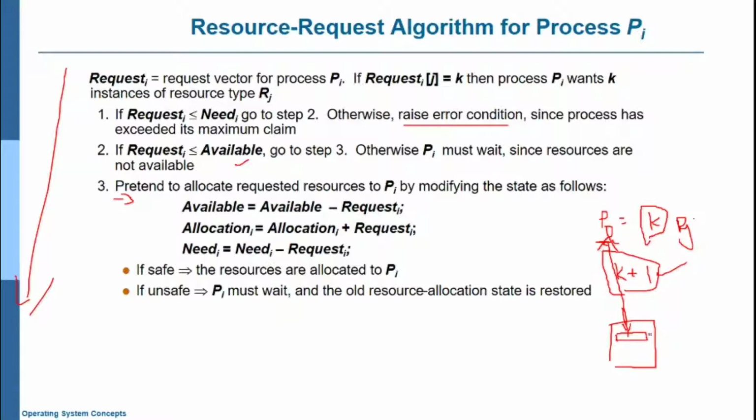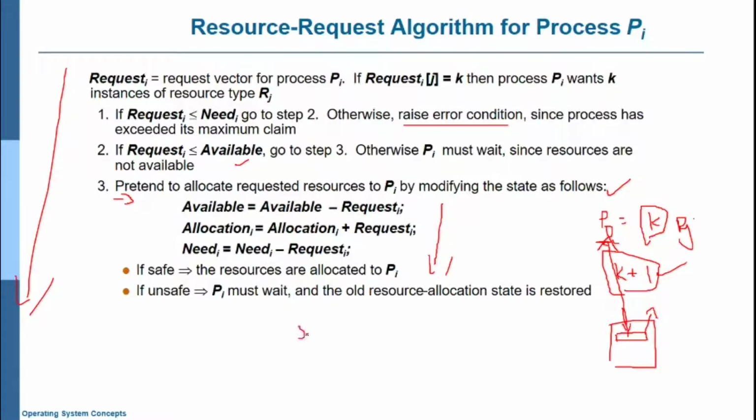If we can, we pretend that we will definitely allocate the requested resources to P0 by modifying the states as follows: Available equals Available minus Request.